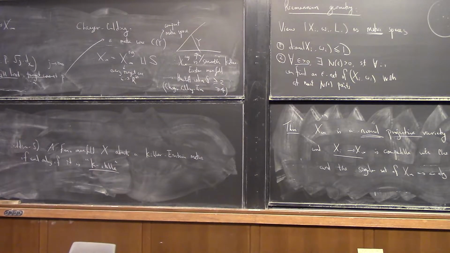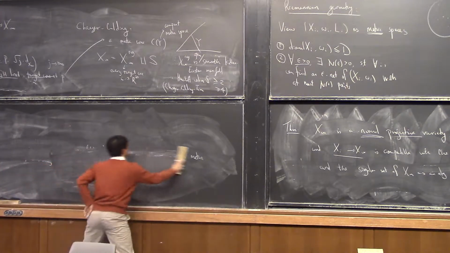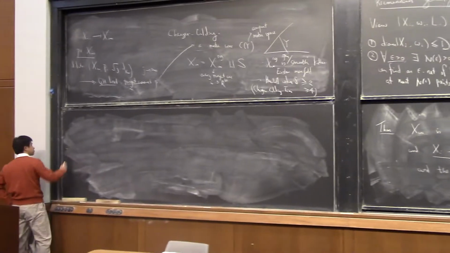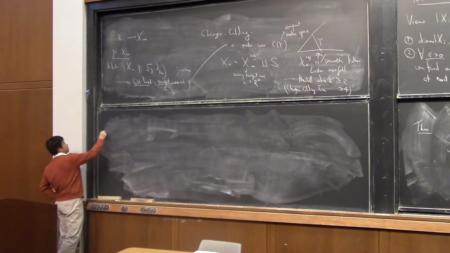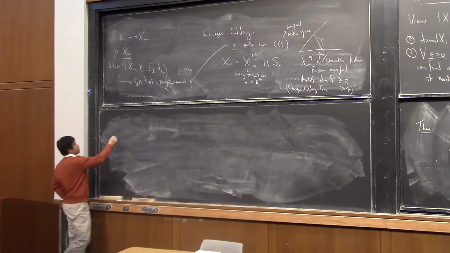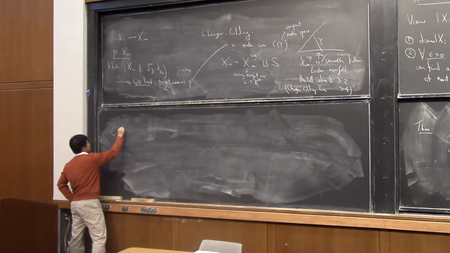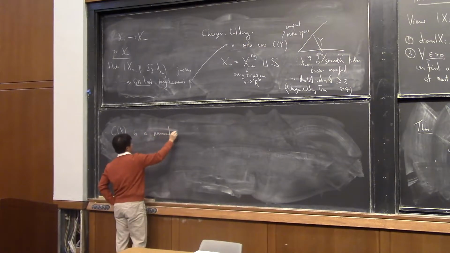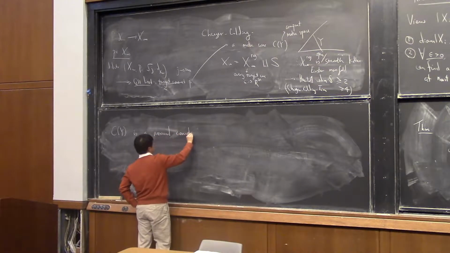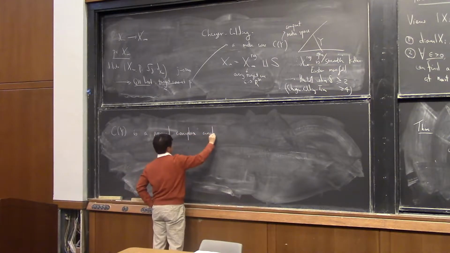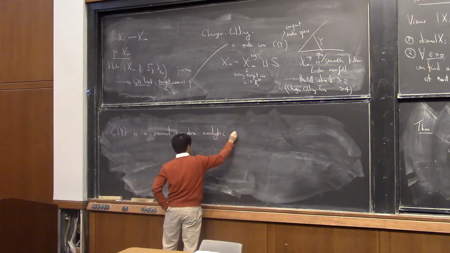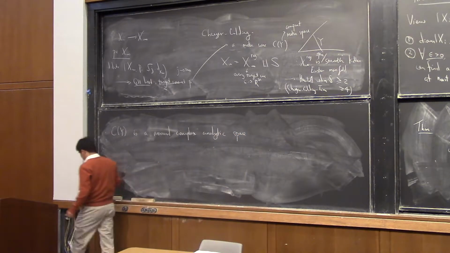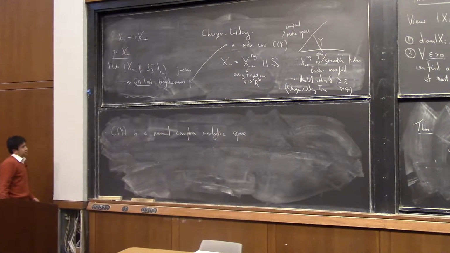By the very first theorem, we know that each tangent cone is a normal complex analytic space, because they still satisfy the very first condition after dilation.